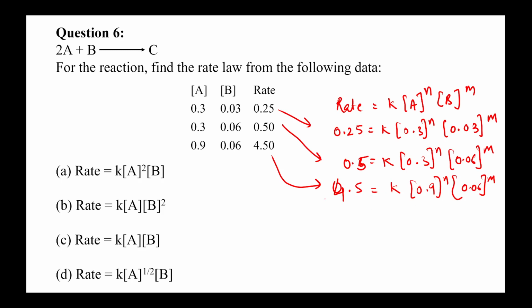So if you just have to find the value of N and M, right? So if you find the value of N and M, you can find which of the rate equation is correct, right? So for that, you have three equations and three unknowns. So you can easily solve this thing.